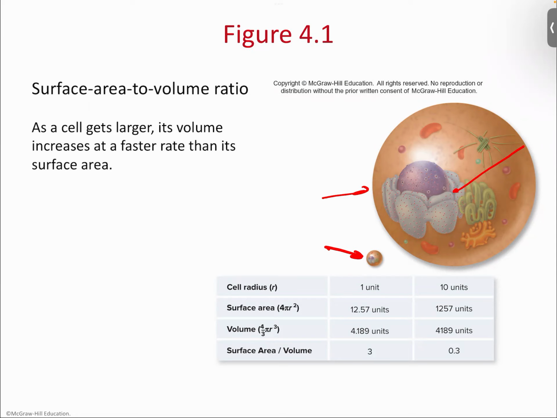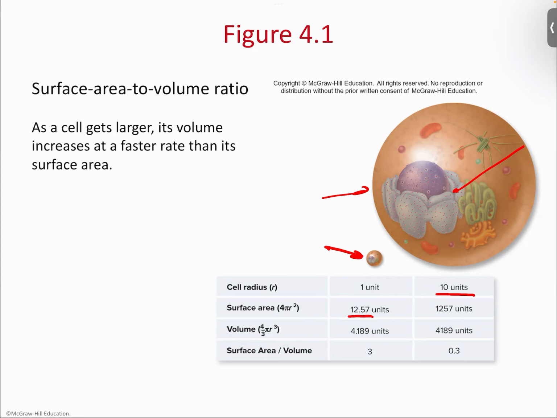Now, if we basically increase our cell 10-fold, 10 times, then the idea is we should get more surface area, right? Well, let's go ahead and do that. So we're going to increase our cell 10 times, and we're going to use the Texas mentality. We're going to prove to ourselves that this is not a deal if we just do this. Well, what do we get in surface area? Well, surface area, which is 4 pi r squared, in this particular case, is going to be 12.57 units.